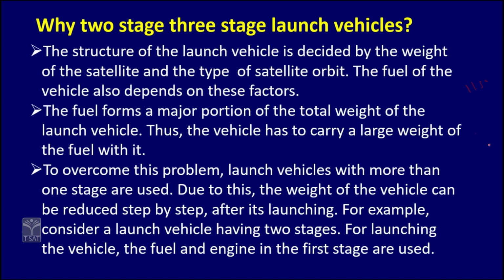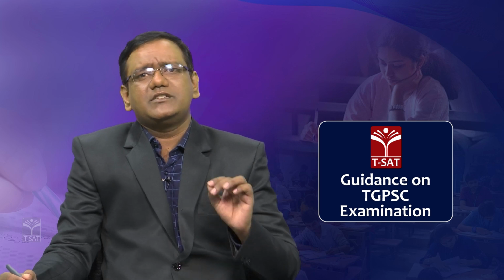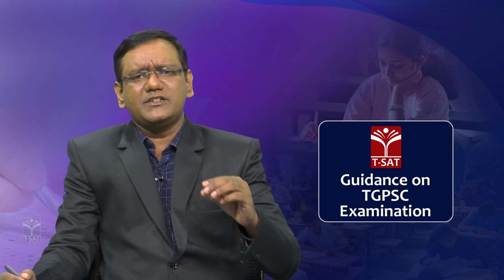If you observe the structure of the launch vehicle, it is decided by the weight of the satellite and the type of the satellite orbit. If we want to send a satellite to a low Earth orbit, that is just above the Earth, at about 162,000 kilometers, the fuel of the vehicle also depends on these three factors.